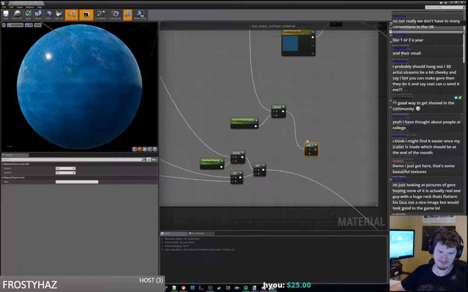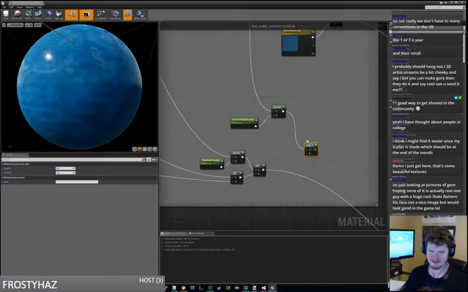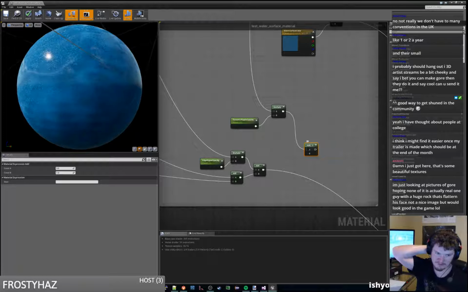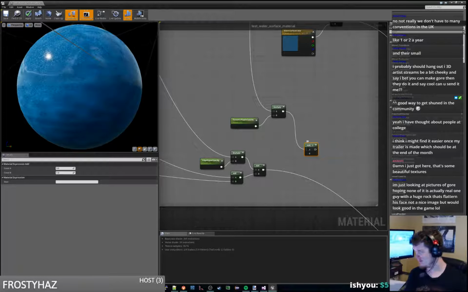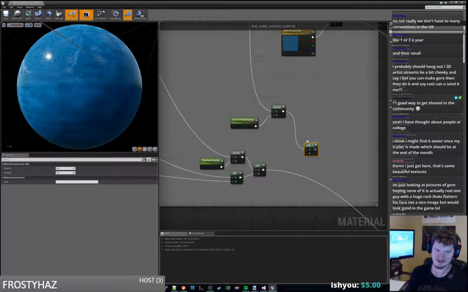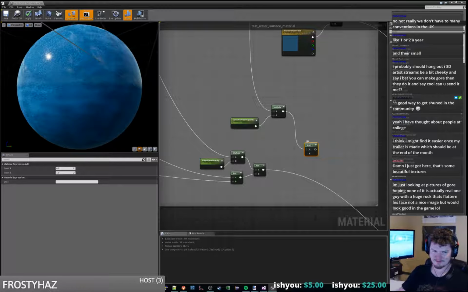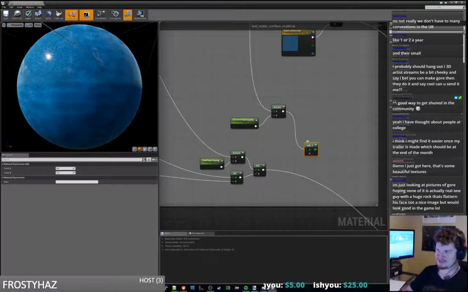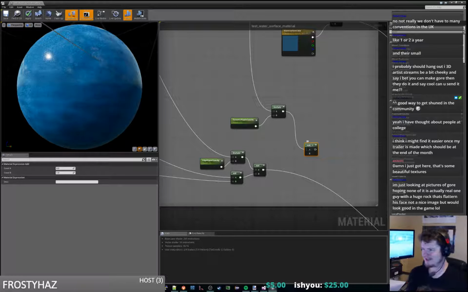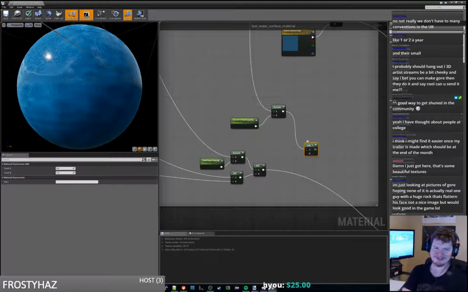I'm just looking at pictures of gore, hoping none of it is actually real. Okay, yeah. One of the funny things, I used to work at EA on the executive floor, which is the same floor as Visceral, so that's Dead Space and everything. The first time the guys at Dead Space, the art director, got the task of making this horrible, scary game, he had a whole day where he took all the artists into a room and showed them pictures of car crashes and mutilated bodies and horrible gore, and people were getting sick, and half of them had to go home early.